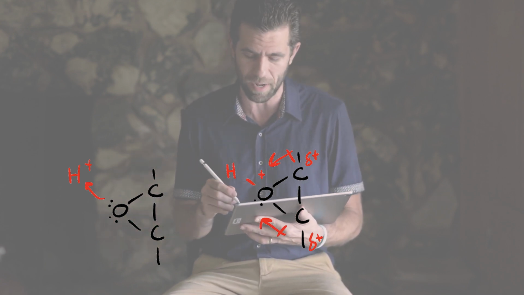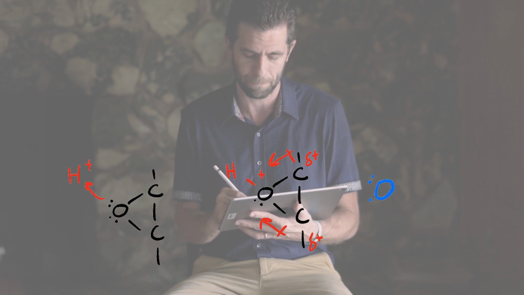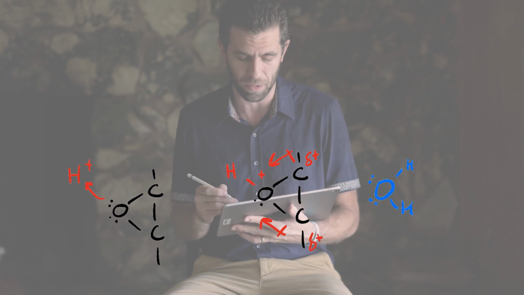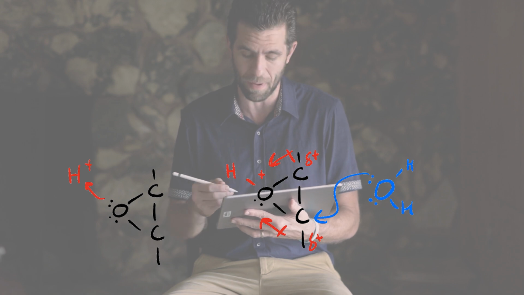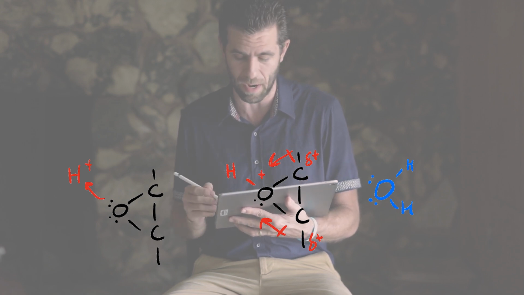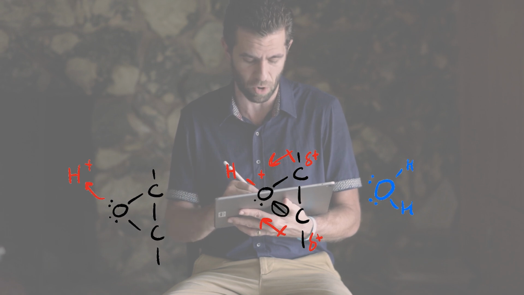And just like the brominium, let's say we have water present, that water is going to be able to backside attack here, because remember, just like the brominium ion, we have a sigma bonding orbital right here.